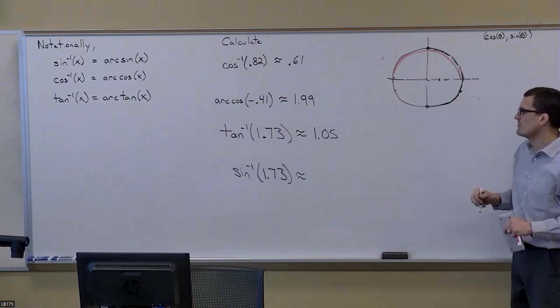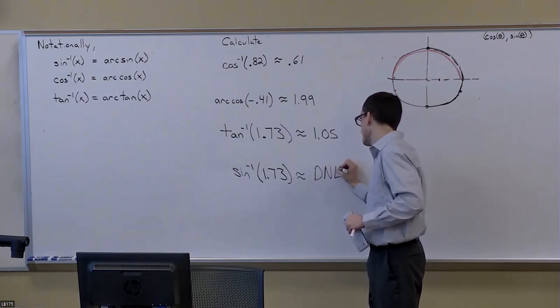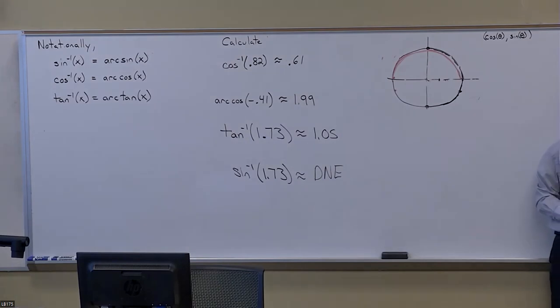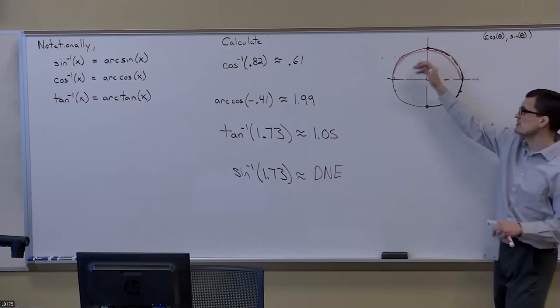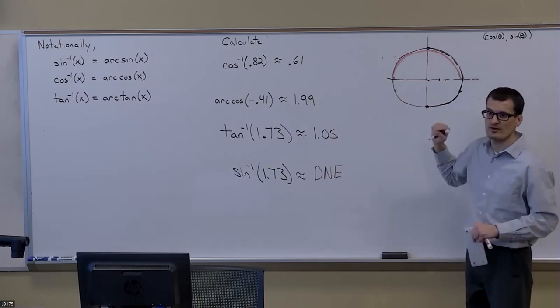1.73, when I plug that into inverse sine, I should get an error on my calculator. And that has to do with the domain. The domain of inverse sine, remember, is between -1 and 1. So if you're above 1, like in this case, it's not going to work. You're saying, where on this unit circle do I get a second coordinate that's 1.73?